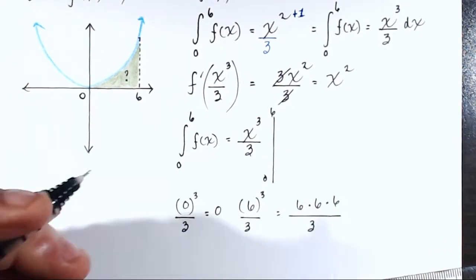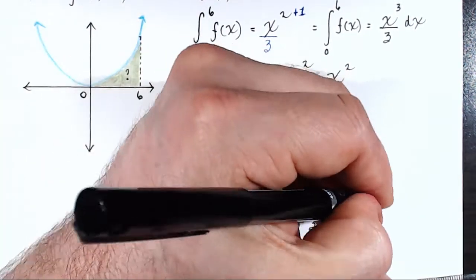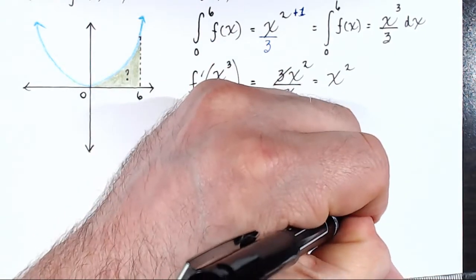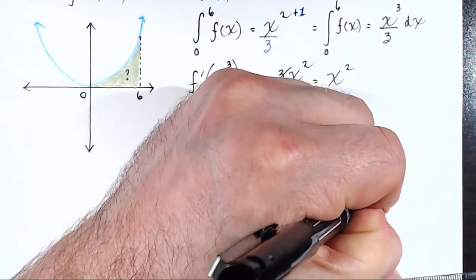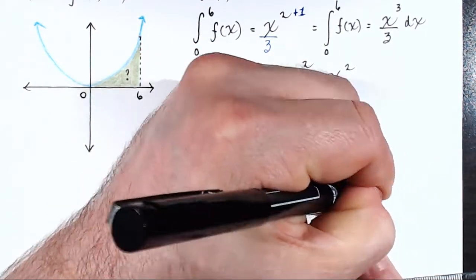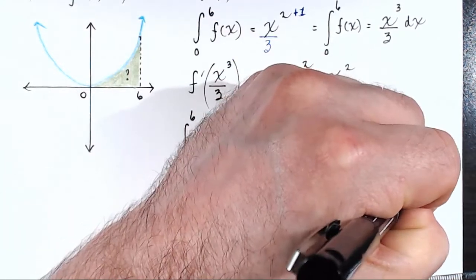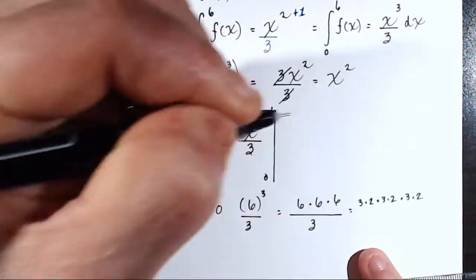And if we don't want to use a calculator and we're prime factoring, we know that 6 is 3 times 2. So this is really equal to 3 times 2 times 3 times 2 times 3 times 2.